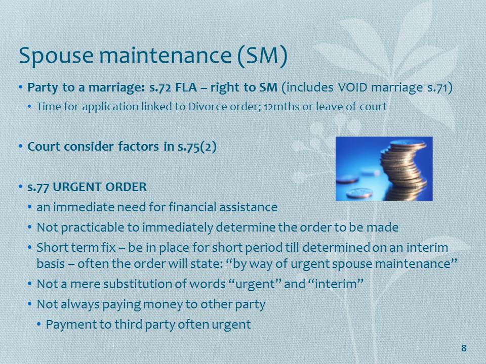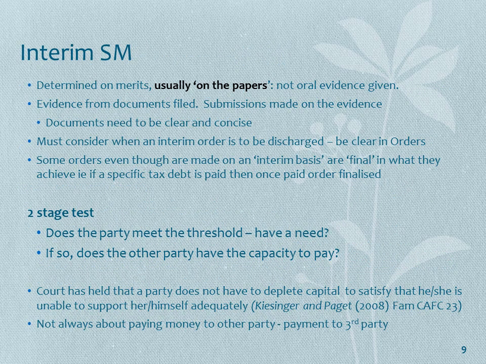Most spouse maintenance are interim matters, but there are regularly urgent applications filed, and they are under section 77 of the Act, and usually it is a stopgap matter if it's an urgent order until the matter comes back before the court on the next occasion.